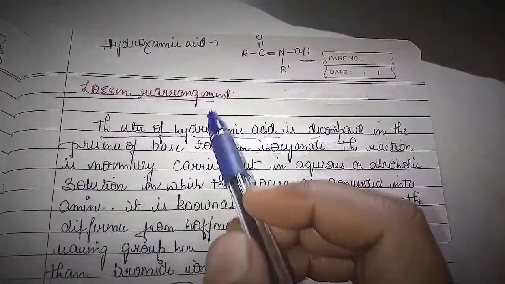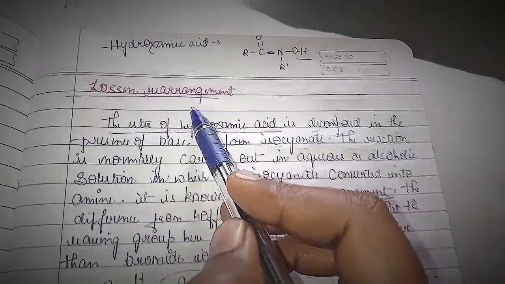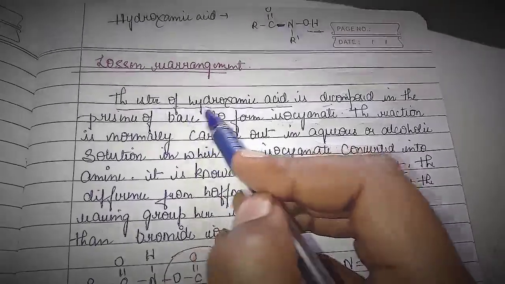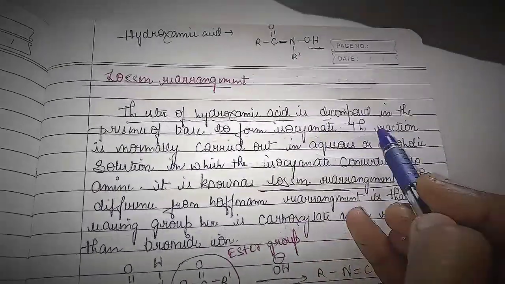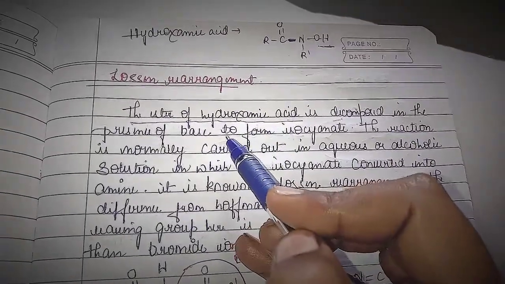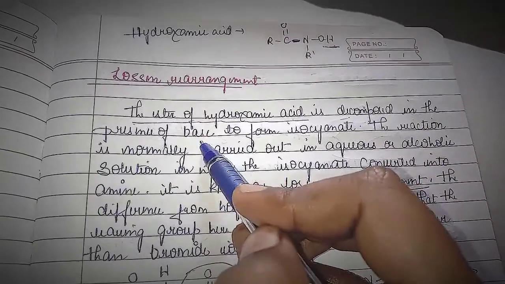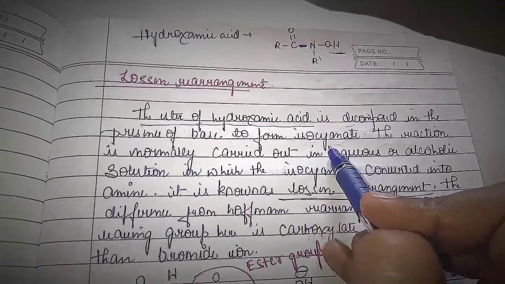Now, the statement of Lossen's rearrangement tells us that the ester of hydroxamic acid is decomposed in the presence of base. The base may be NaOH, KOH, etc. to form isocyanate.